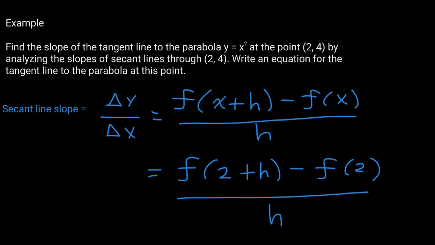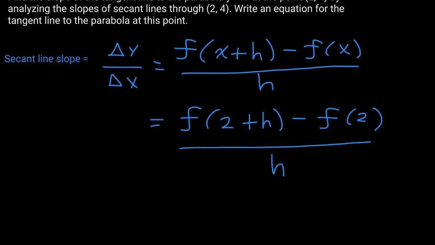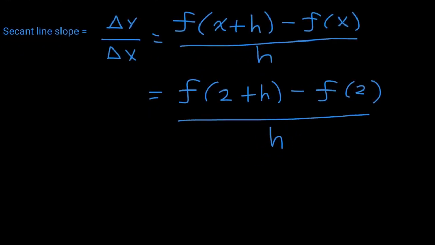Okay, I think I need to move this up a little bit so I can expand this. So this is equal to, now remember that your function f is simply x squared. So your function squares whatever you are plugging in, right? It squares your input. And this notation says 2 plus h is your input.